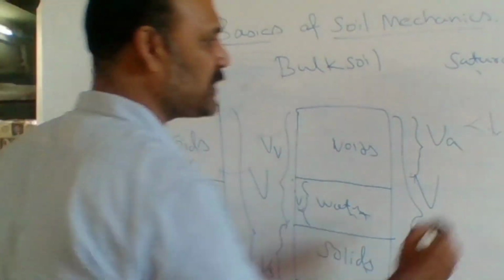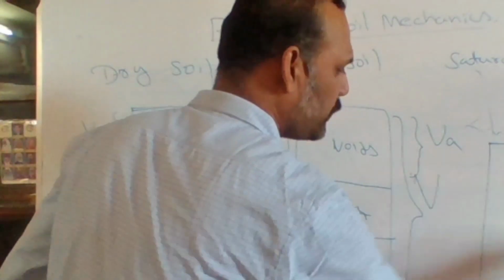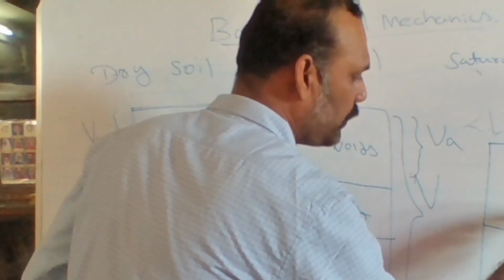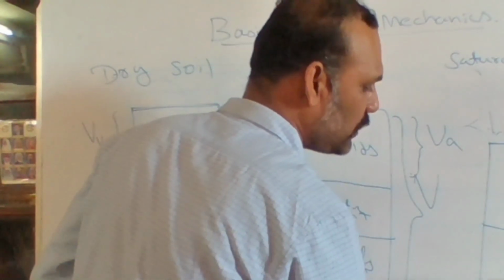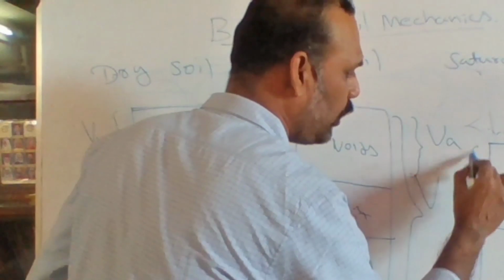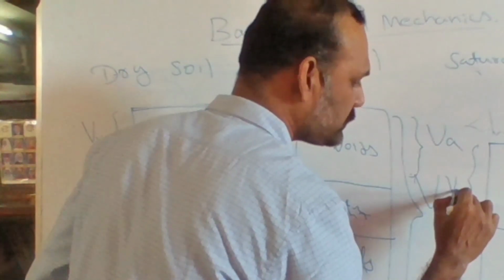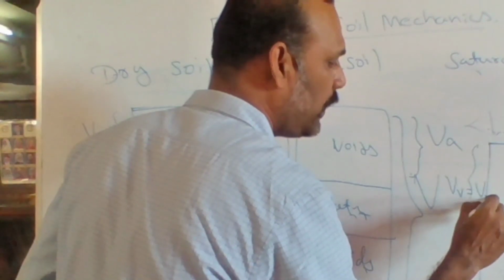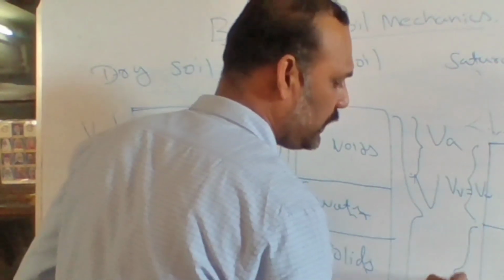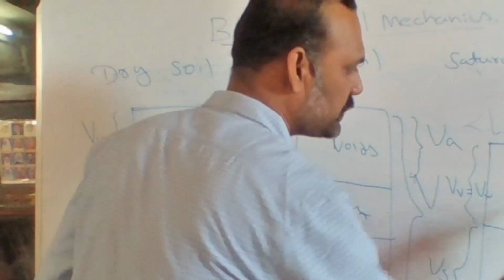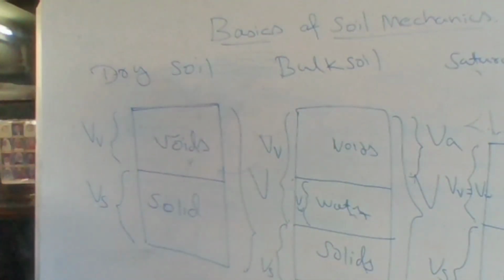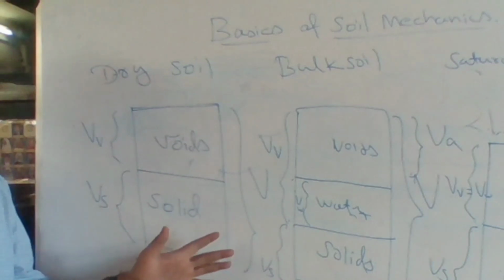So coming to the saturated soil, only water is present, and solids are present. So the volume of voids, here volume of water, here volume of solids. Now you can understand the three differences.